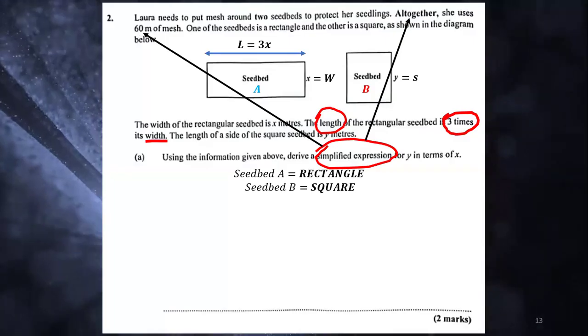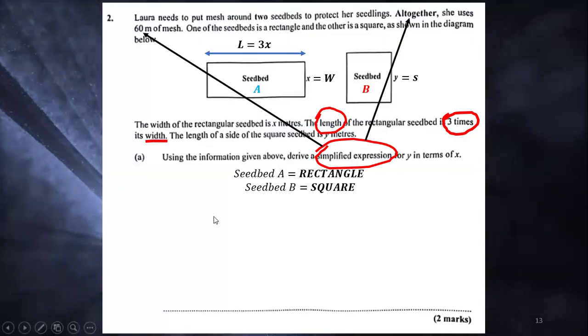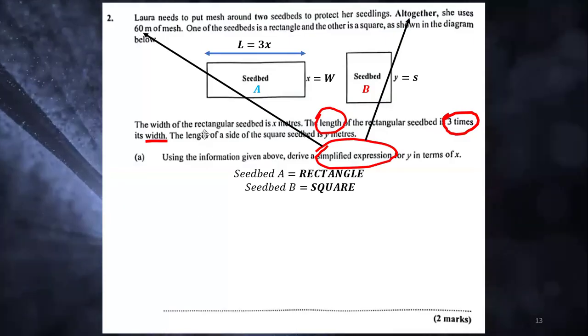Anytime you have to get a simplified expression, you should have some operation, addition, multiplication, division, subtraction, and an equal sign. Now, theoretically, people may say that an expression does not contain an equal sign, right? But sometimes CSEC does that.